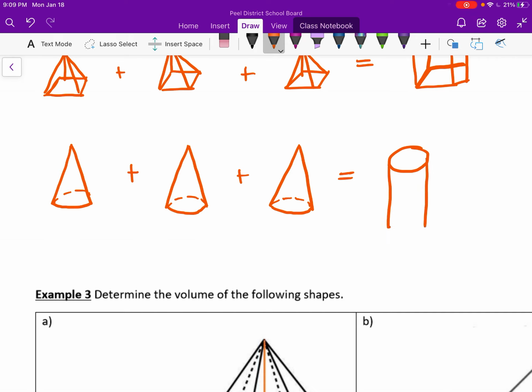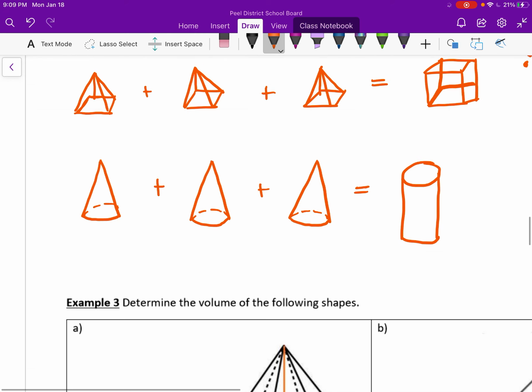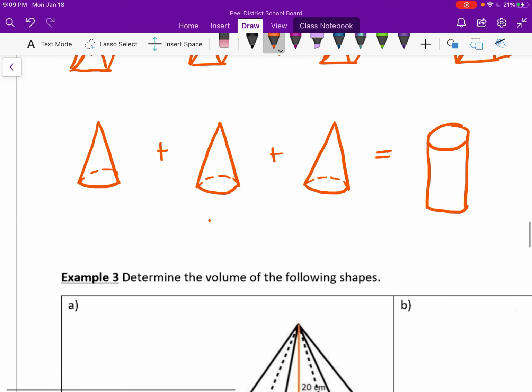The top is a circle, the bottom is a circle. So, similar to the pyramid, a cone with a round base, if you put 3 of them together, will give you a cylinder.